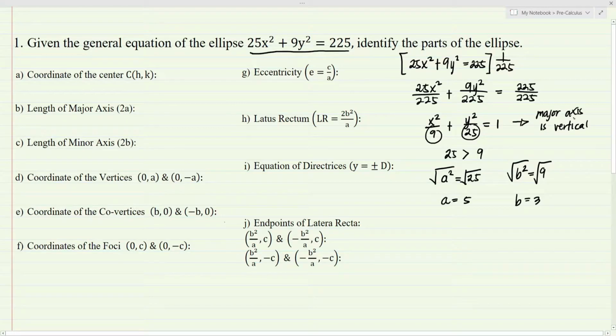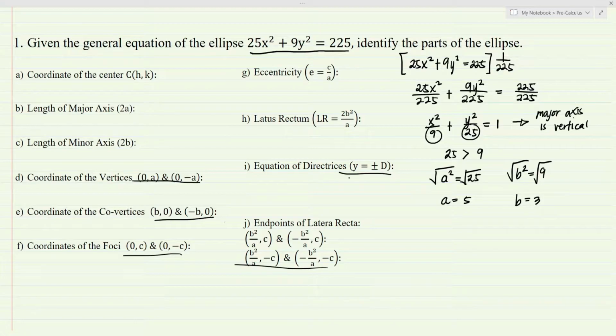And since our major axis is vertical, we would have the following coordinates as well as this equation. So let's now solve the parts of the ellipse. I will start with letter A, coordinate of the center. This is the general equation of the ellipse whose center is at the origin. Therefore, the coordinates of the center would be (0, 0).